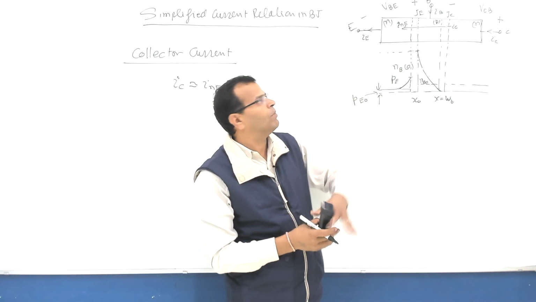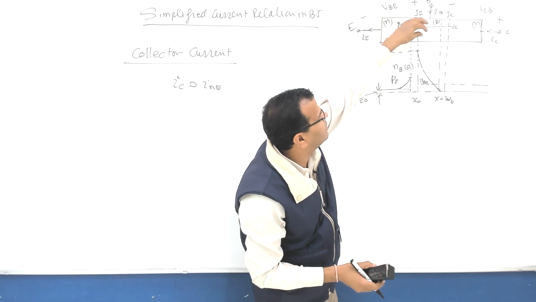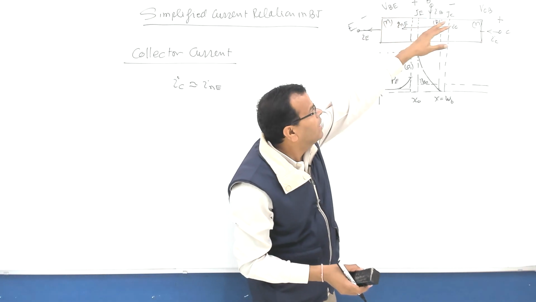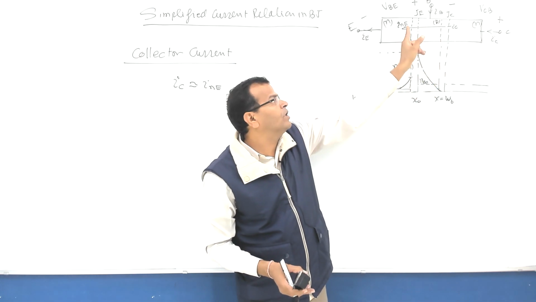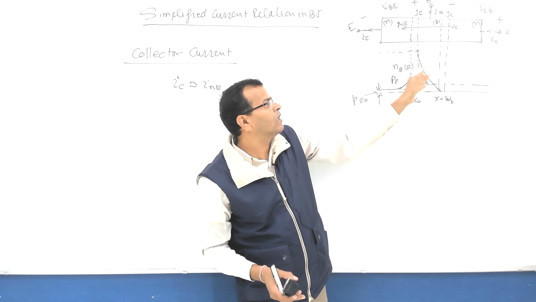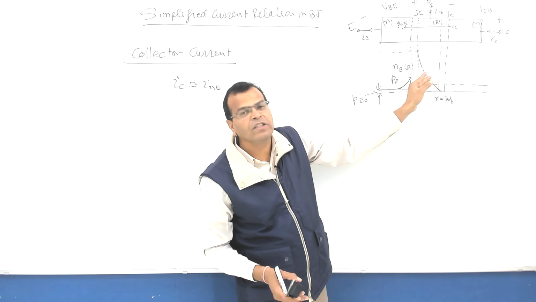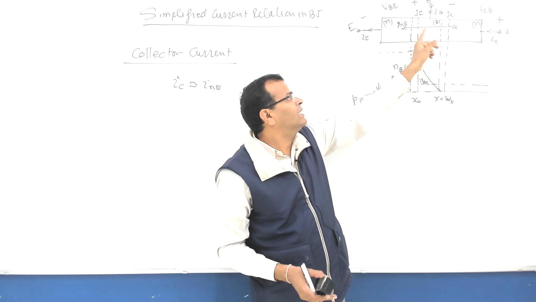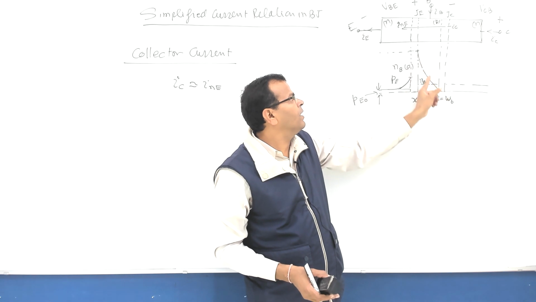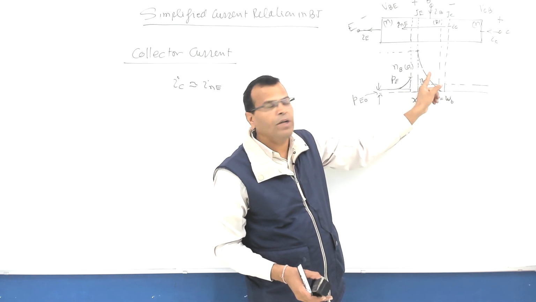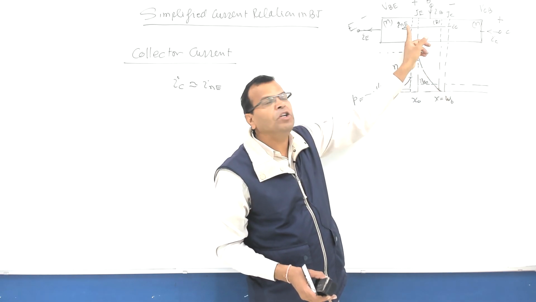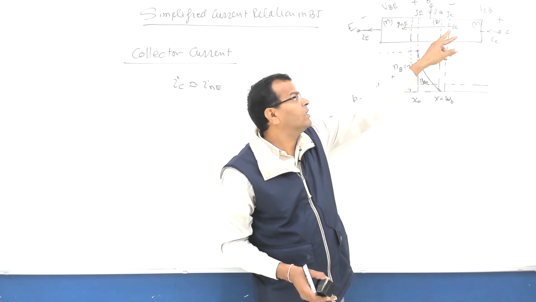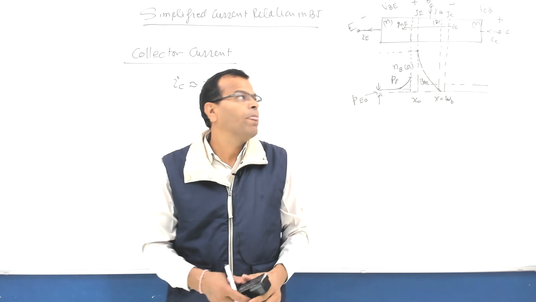Why electron component? Because electrons from emitter are injected into the base. These are forming the major component of the current. Why? Because these are the major charge carriers in the emitter region. So this diffusion current in the base will be forming the major component of emitter current, and that is same as the collector current.